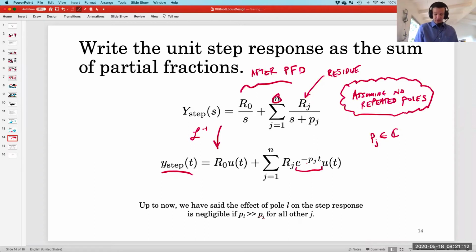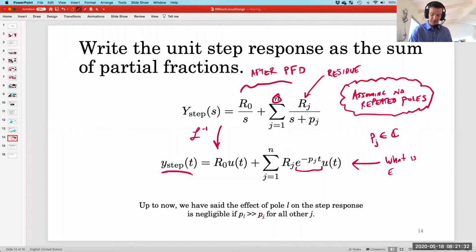Okay, so how do closed loop zeros come into play here? Well, actually, I think that's a good question for the class. What things in this line are affected by closed loop zeros?